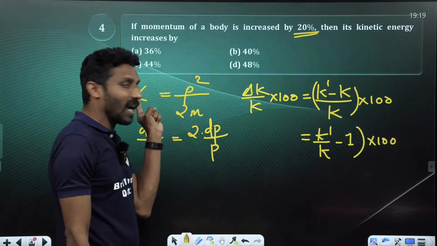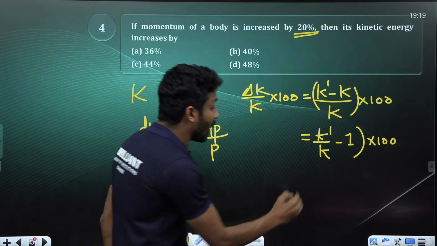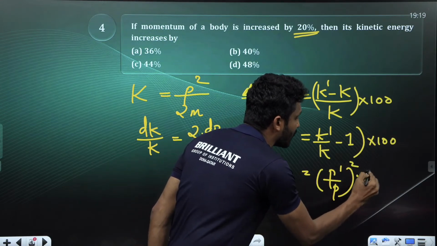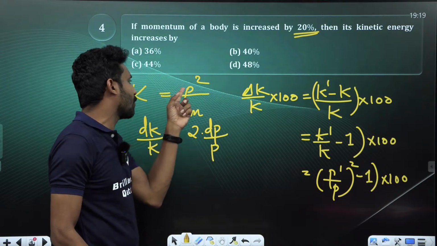It is clear that K is proportional to P square. Then what is K dash by K? K dash by K will be P dash by P, all square, minus 1, into 100. Clear? Yes, because kinetic energy is directly proportional to P square.